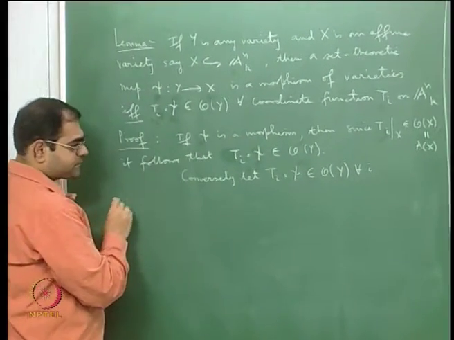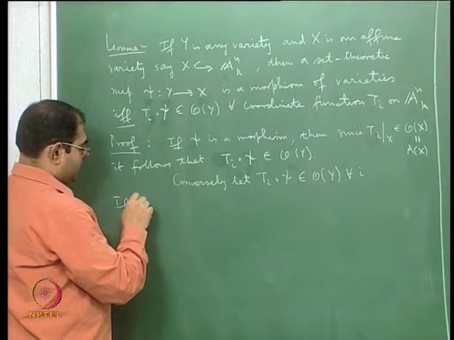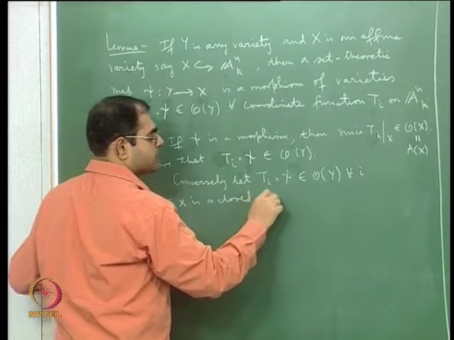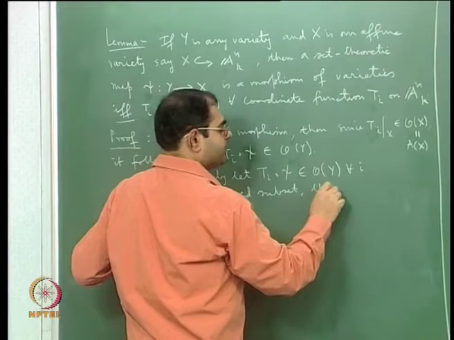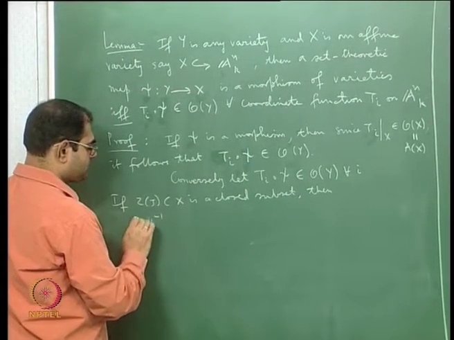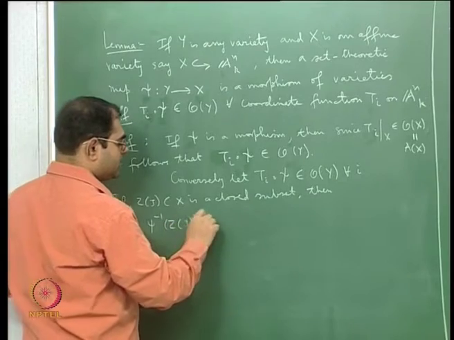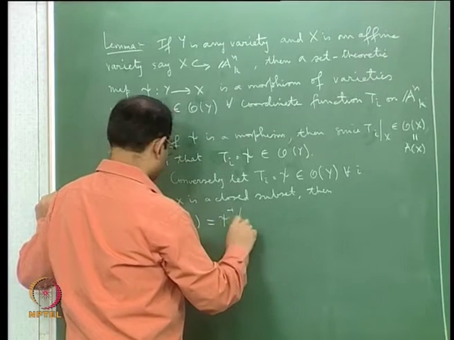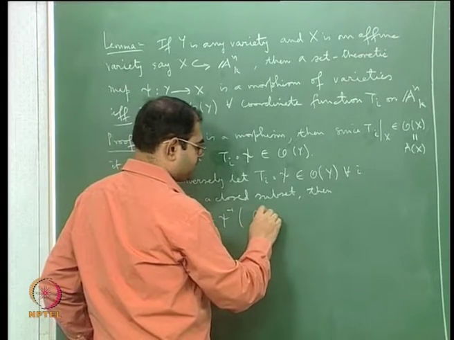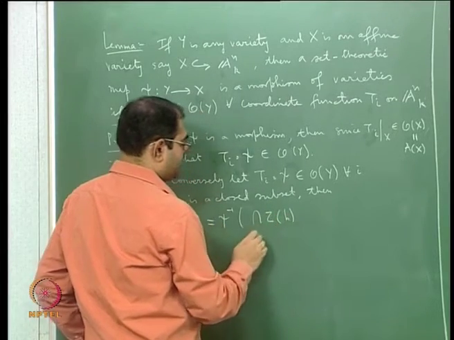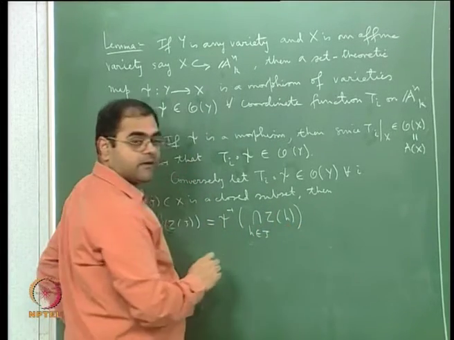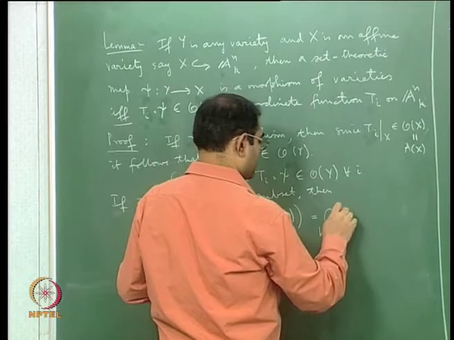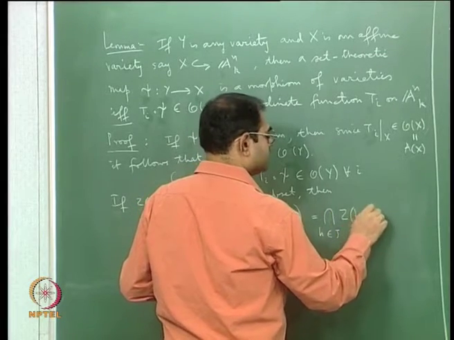If Z(J) in X is a closed subset, then psi inverse of Z(J) is the intersection of Z(H) where H belongs to J, and this is the intersection over H belonging to J of Z(H circle psi), which is closed.